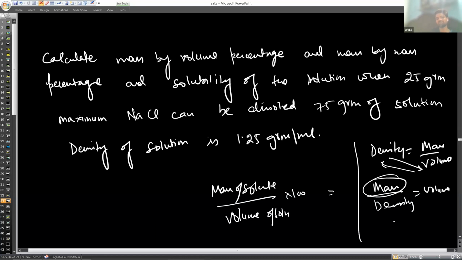So what is the mass of the solution? 75, and density of solution is 1.25. Divide it and get the answer, please.